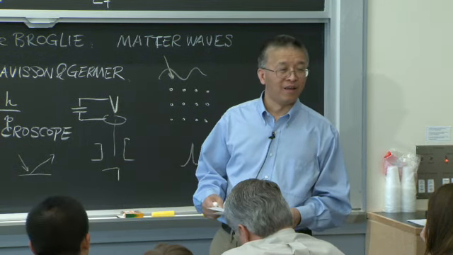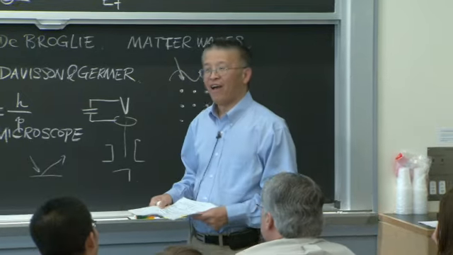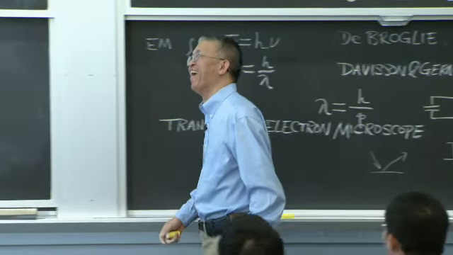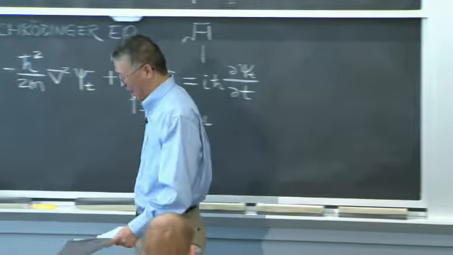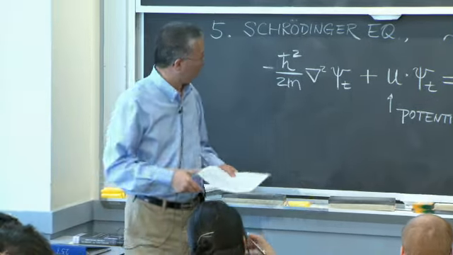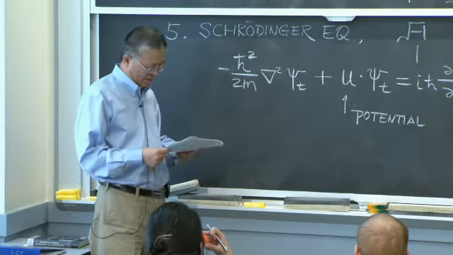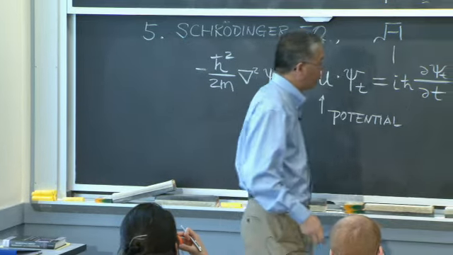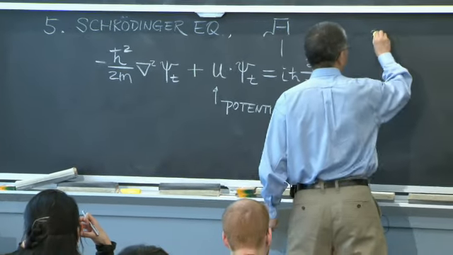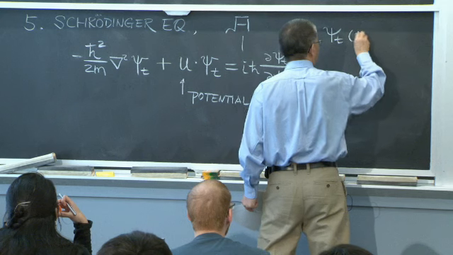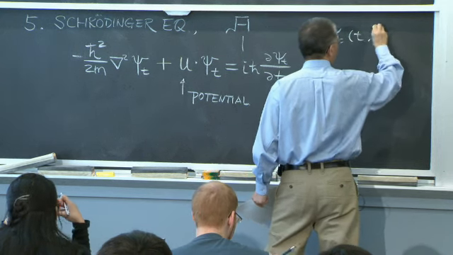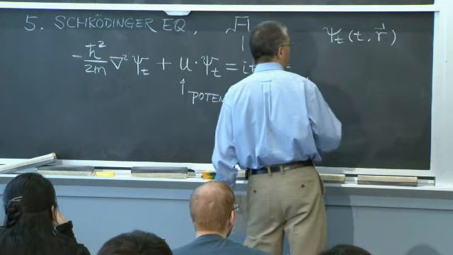Where is the i? e to the i pi plus 1 equals 0. Okay. So this is really what it has: cosine t, say the wave function is a function of space and time.